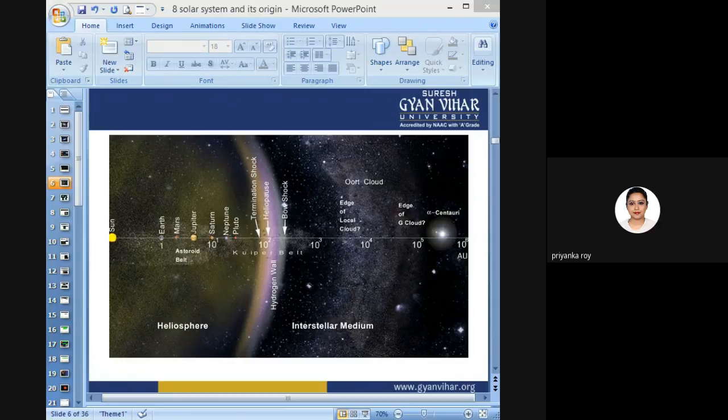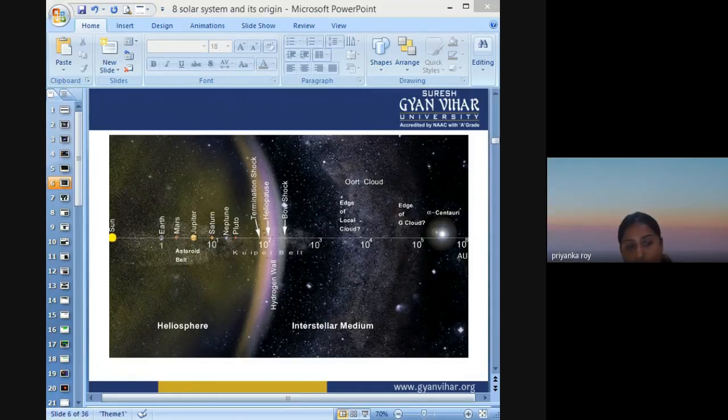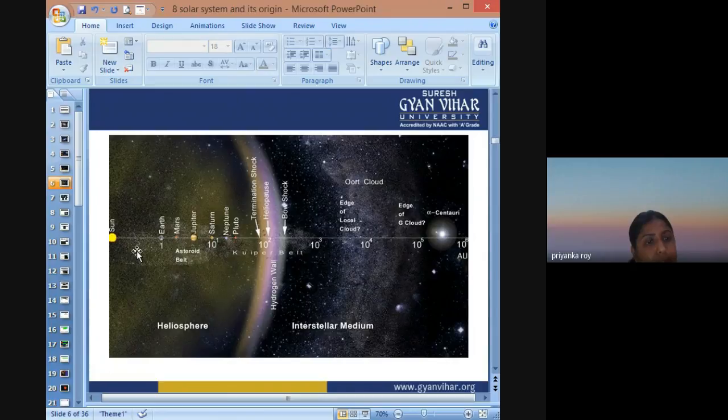Now, how is the solar system arranged in its structure? We need to understand how these planets started arranging themselves around the sun. The order and arrangement of the planets and other bodies in our solar system is due to the way the solar system was formed.